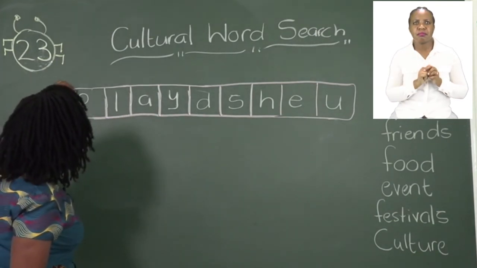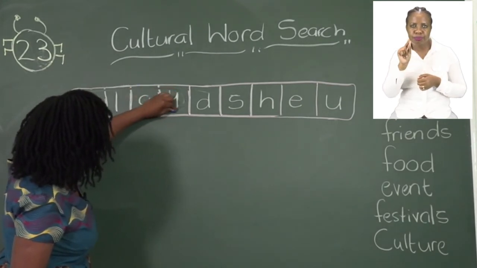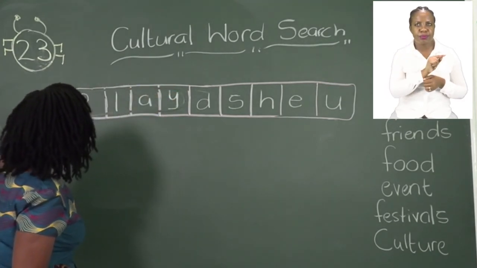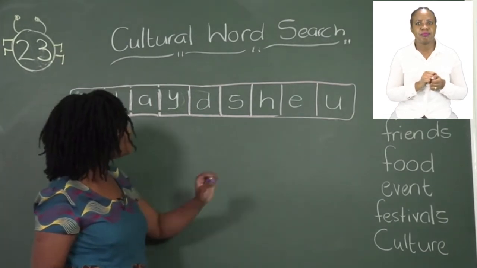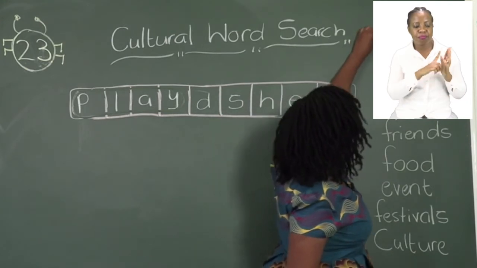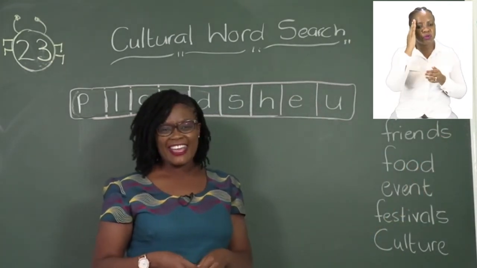Now all we need to do is to circle the word play. There we go. And once you find a word, it's very important, boys and girls, to cross it out here so that you don't look for it again.